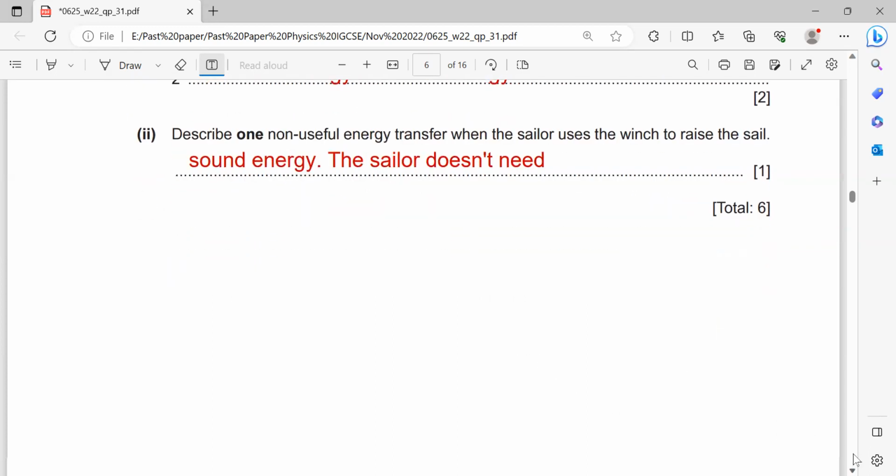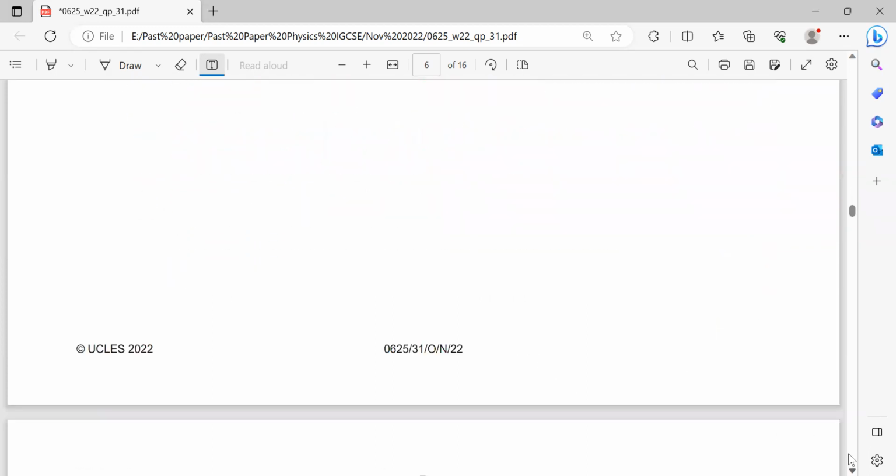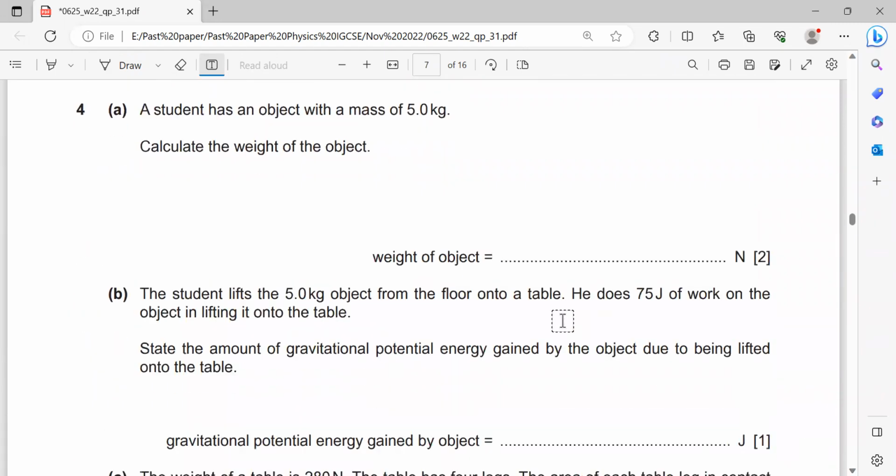Okay, next. A student has an object with a mass of 5 kilograms. Calculate the weight of the object.